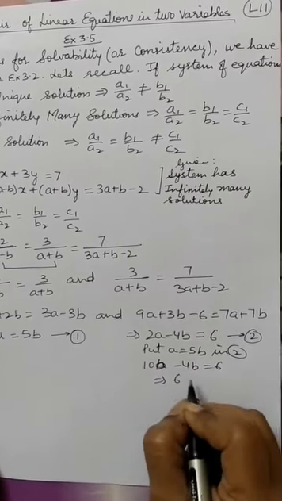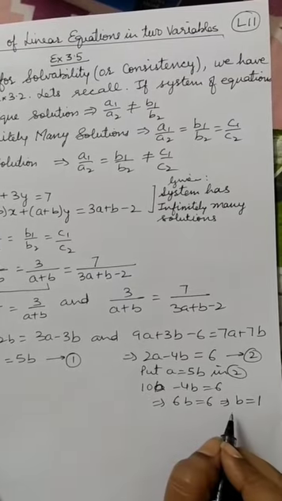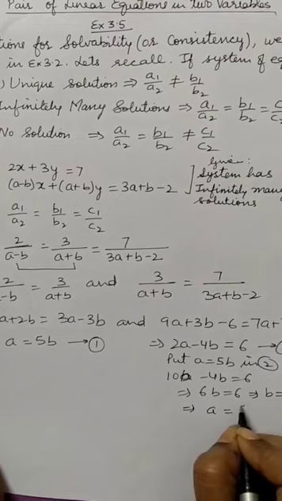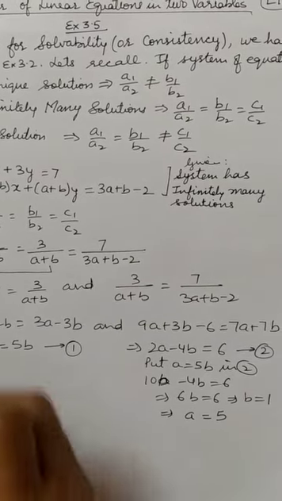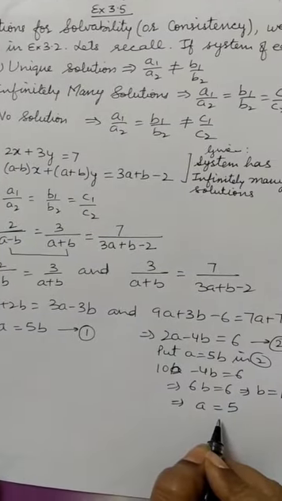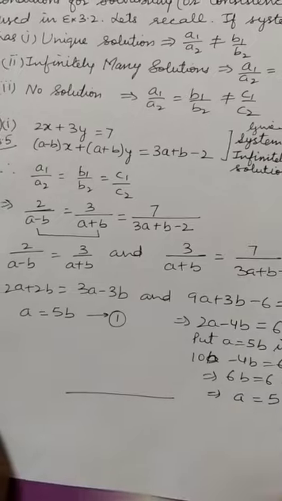That means 6b is equal to 6, which gives you b is equal to 1. And if we put this value of b in 1, we get a is equal to 5. This means the given system of equations will have infinitely many solutions if a is 5 and b is 1. You can write it here.